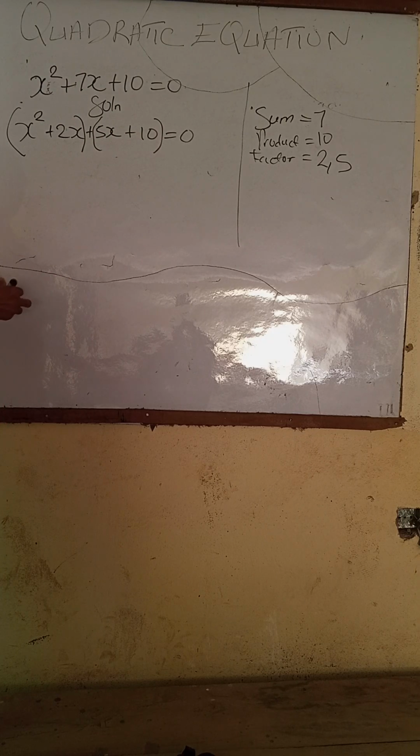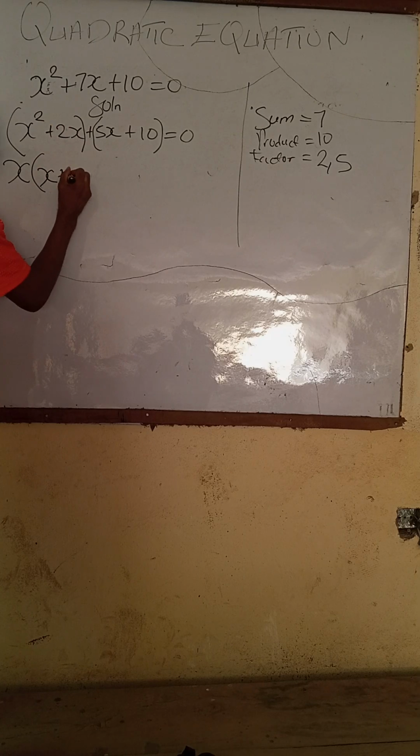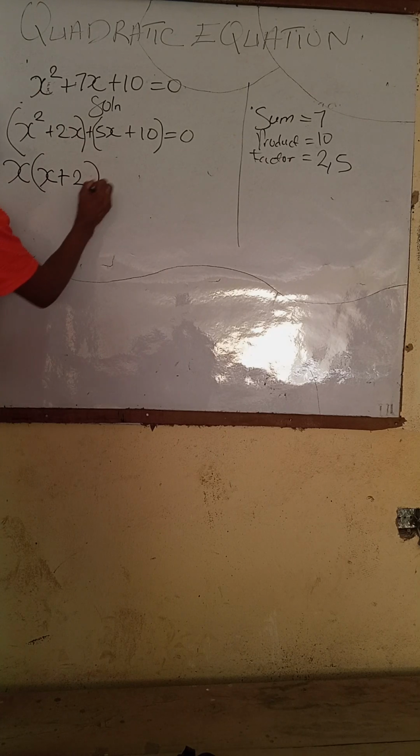Looking at this equation now, in the first group, x is common. Bring x outside. x into x squared leaves x. x into 2x leaves 2.